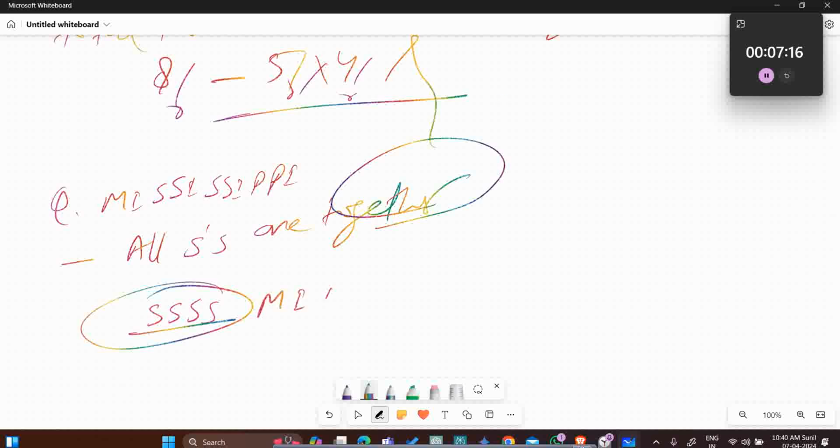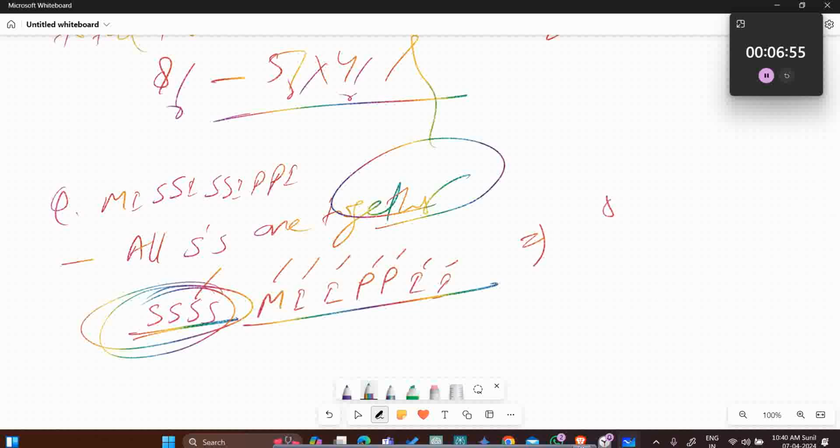M, I, P, P, I is left over. So S is one only. We count it as 1, 2, 3, 4, 5, 6, 7, 8. There are 8 letters with limited repetition, so 8 factorial upon 1 factorial, 4 factorial and 2 factorial. This is the answer.